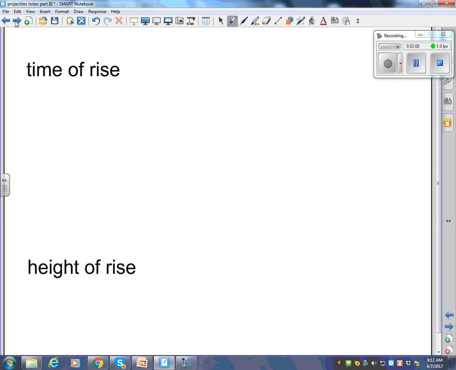Okay, so time of rise. How long does it take to get to that point there? Well, as I just said, the VI was that 8. Was it 8? Yeah. And here the VF is 0, right? So same as before. Same as when you were throwing the ball on a flat surface. VF equals VI plus AT.